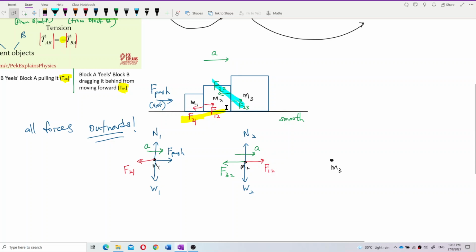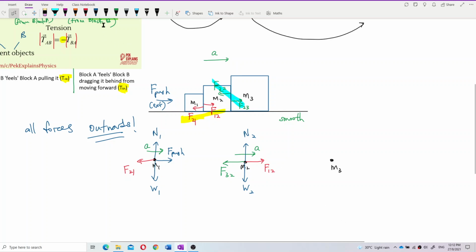I know F12 actually is a part of the pushing force, but the pushing force does not push mass 2 directly. It is mass 1 who pushes mass 2, so this F12 comes from mass 1.